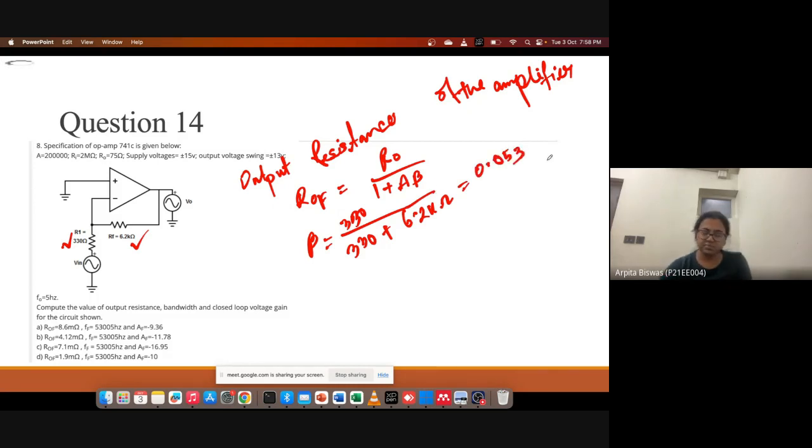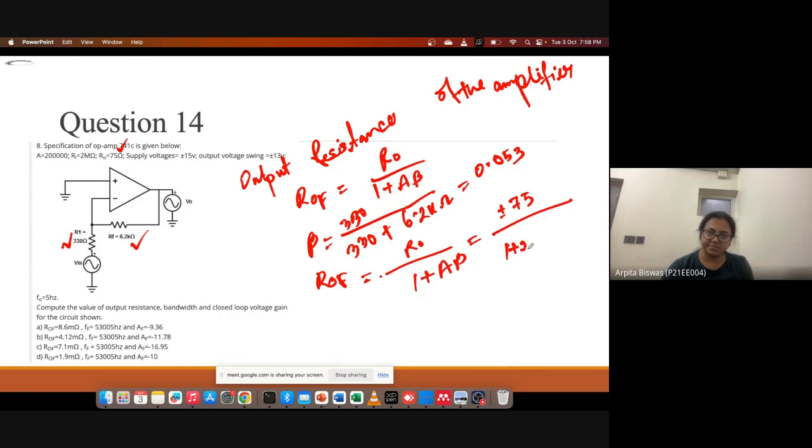Okay. Then we have to find out the ROF value. R0 by 1 plus A beta. So what is the value of R0 here? It is given. This is 75 ohm. So the R0 value we can take as 75 ohm. Then 1 plus, what is the value of A here?